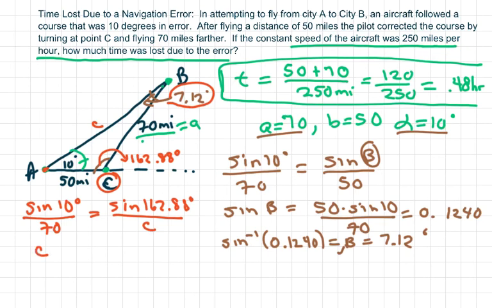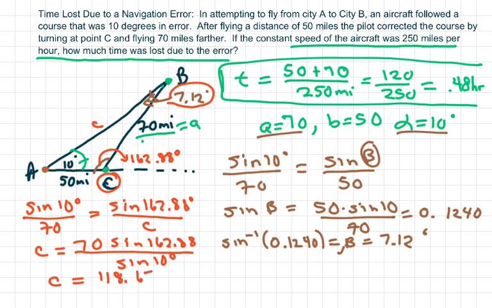Cross multiply, and we get 70 sine of 162.88 over sine of 10 degrees. And so the miles from A to B is going to be 118.67. So c is 118.67.